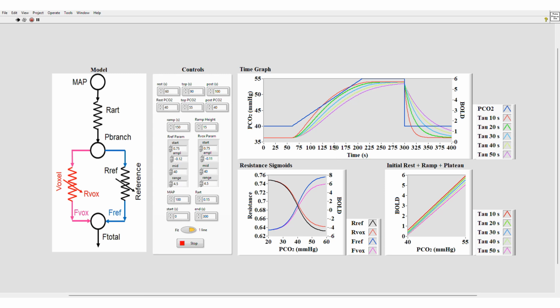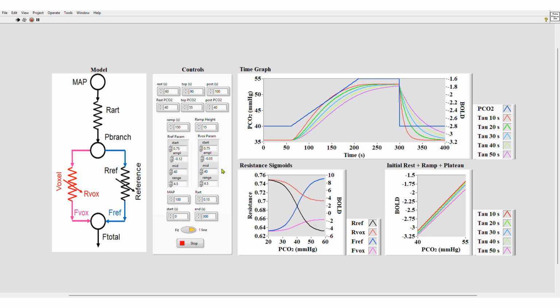Now for the type C response. Let's continue to reduce the voxel resistance sigmoid amplitude. At 0.05, the BOLD response is still positive, as seen in the BOLD versus CO2 panel here.